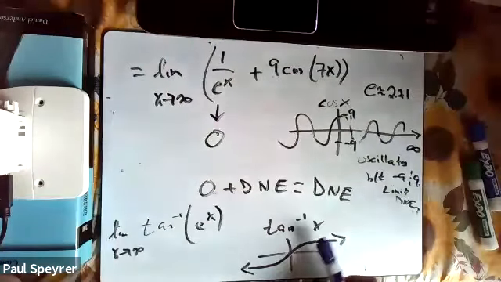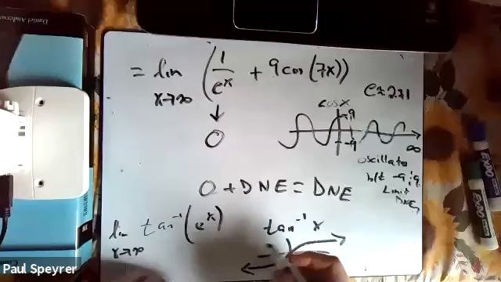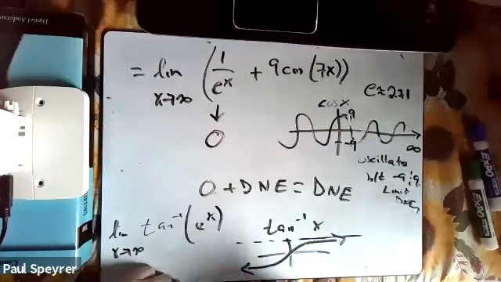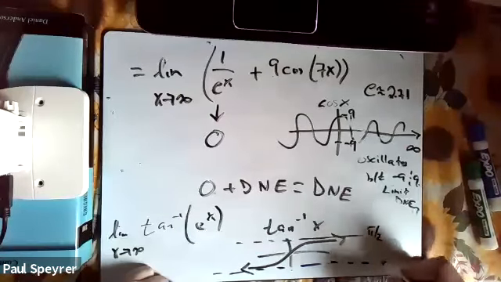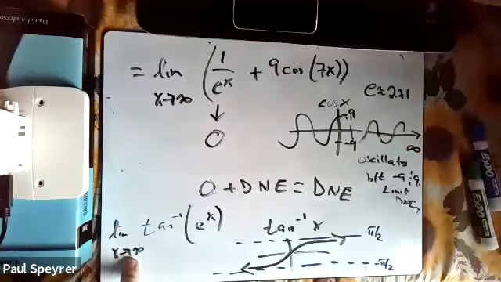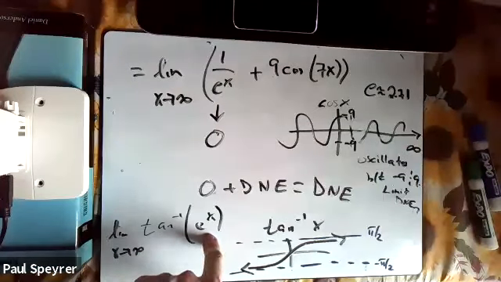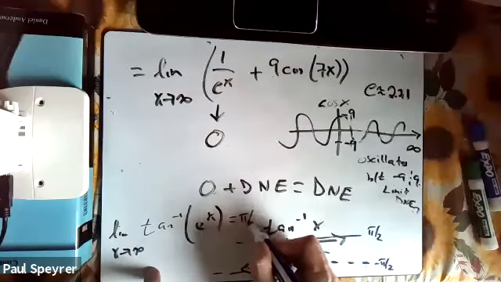So with this arctan, it was very unique because it wasn't a d and e. It didn't oscillate. It was trapped between two y values. Remember, I drew this out in that lecture. This is pi over 2 and negative pi over 2, like that. So the limit as x approaches infinity of arctan of whatever, I say whatever because this could be anything, is still pi over 2. And that was it.